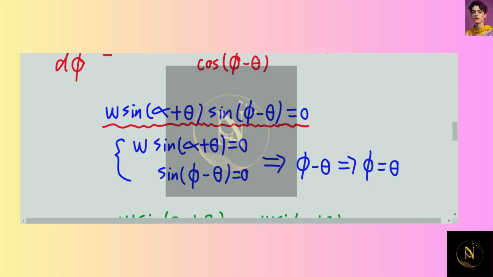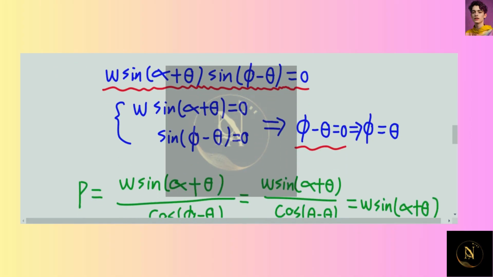The variable one is phi minus theta is equal to 0, which means that phi is equal to theta. So now we have the answer for angle phi. Angle phi is equal to angle theta.